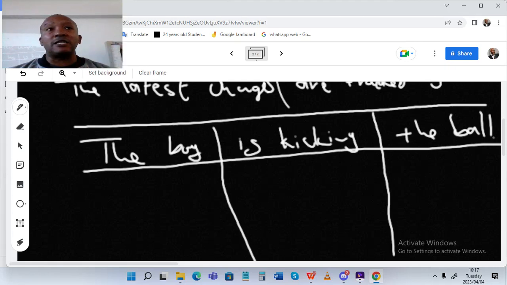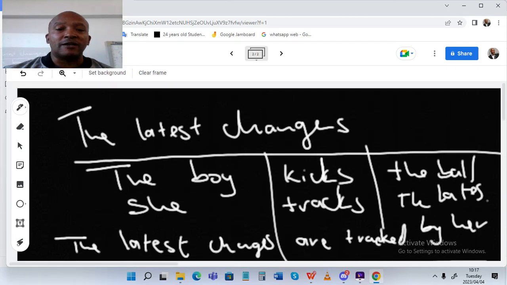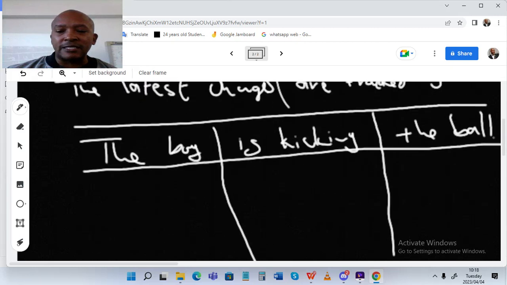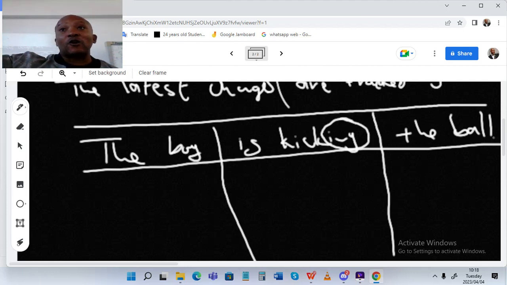Every time you have a sentence, let's go back to the first one. The first one says the boy kicks the ball. She tracks the latest. Can you see that the verb is present tense? Tracks, kicks. In this sentence, the verb is continuous tense. The boy is kicking. There's your ing. On top there is no ing.